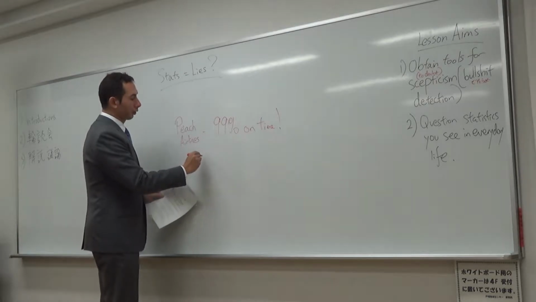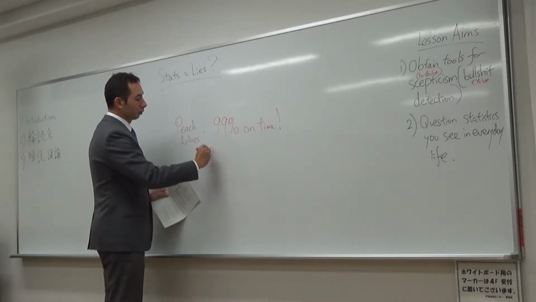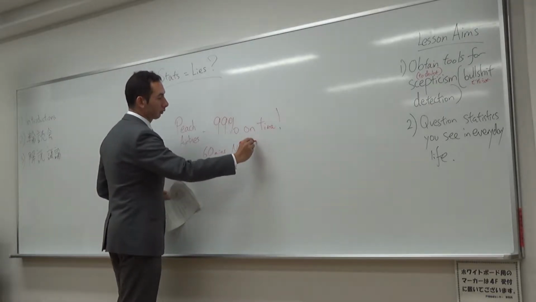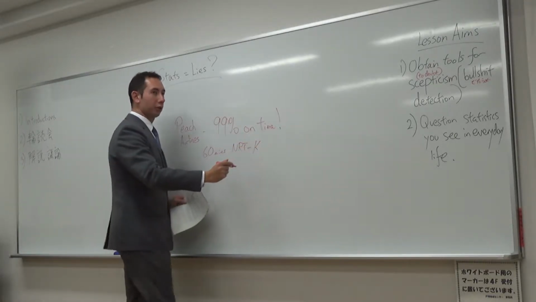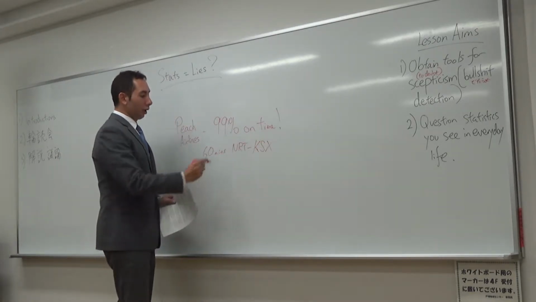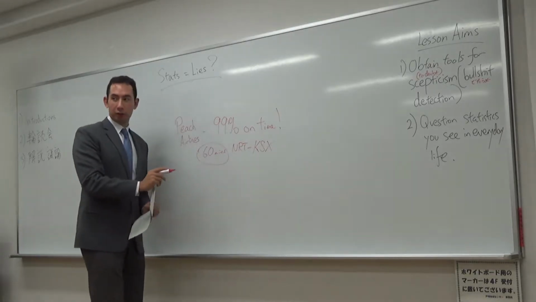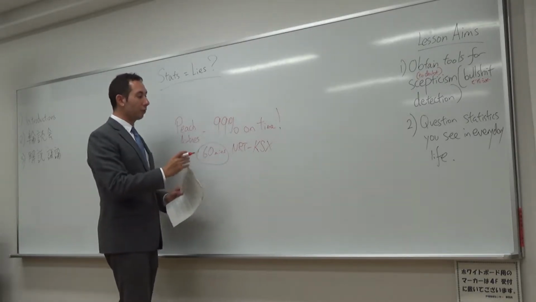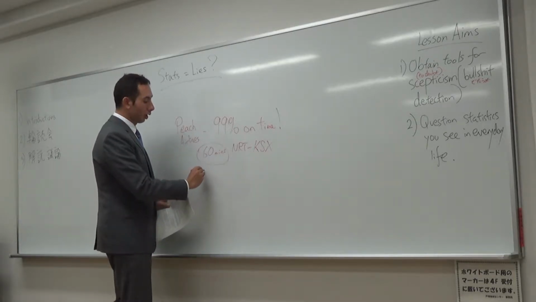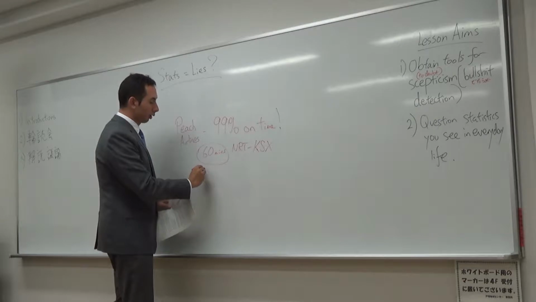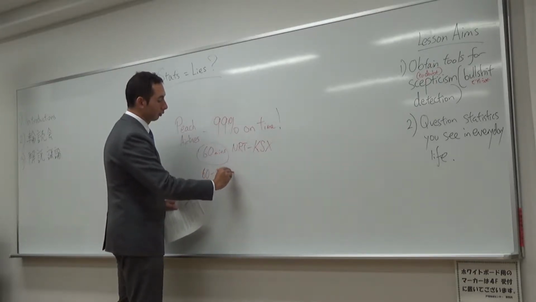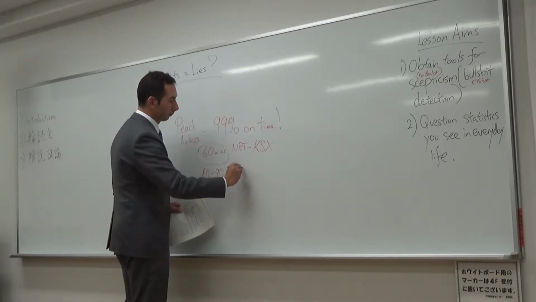Well, for example, it takes 1 hour to get from Narita to Kansai or whatever, right? This is the actual flight time, but maybe Peach Airlines will say anything between 60 to 90 minutes is on time.